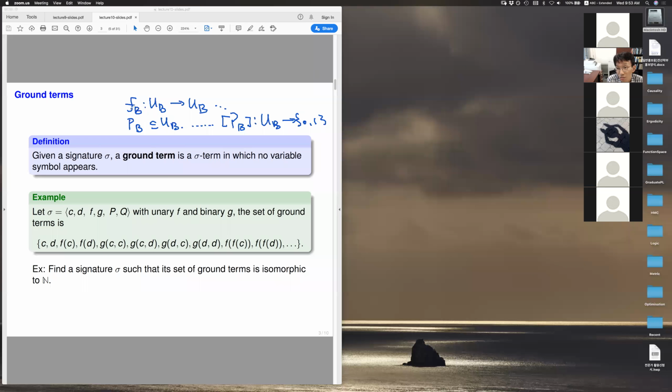And then, what I'm saying now, if it makes you confused, don't have to worry about it at all. Functions more generally can be understood as a specific kind of relation on U_B cross U_B. So how does it build as a relation?